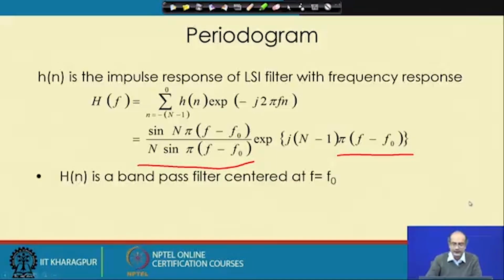Now, what we interpret from here is that h n is a band pass filter centered at f equal to f 0.